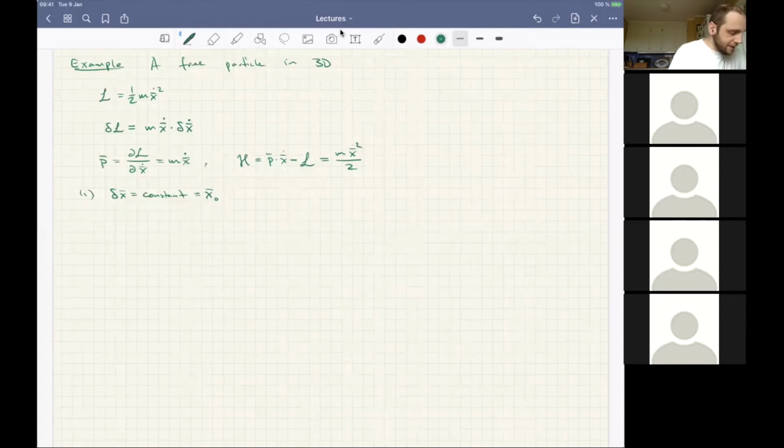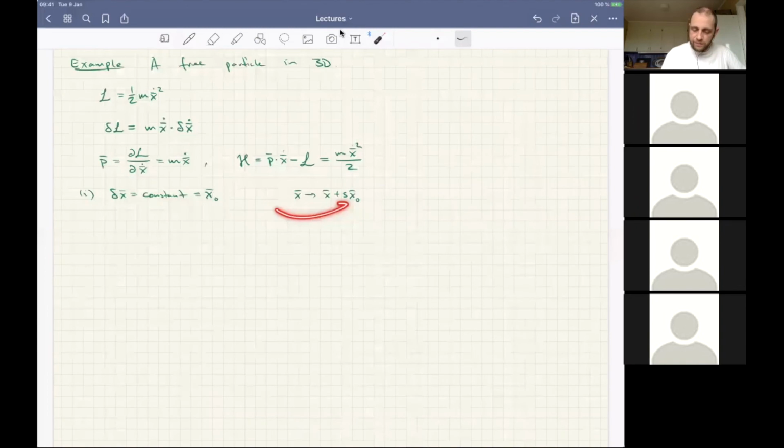What does this mean? Well, it means that essentially x goes to x plus s x0, because my delta x was x0, and that's what I'm putting in here.